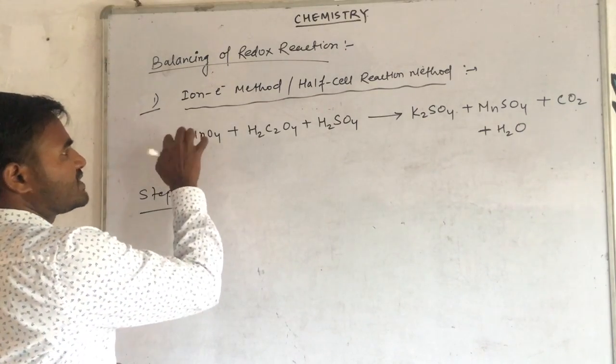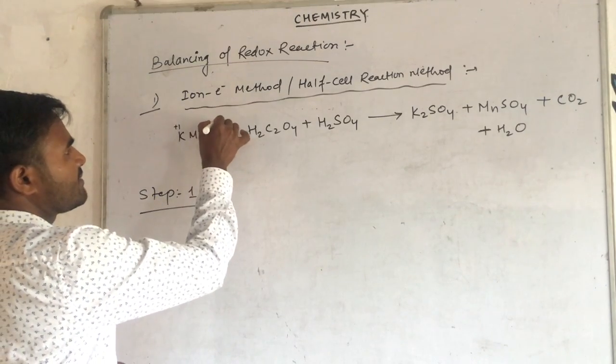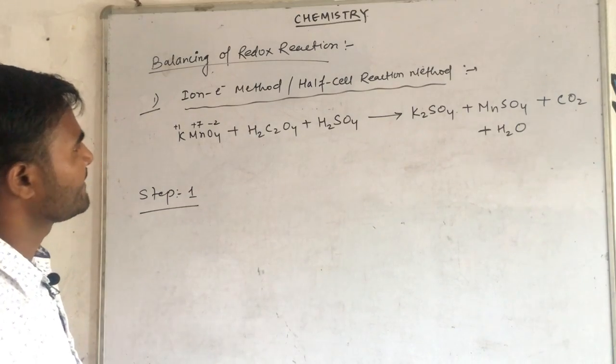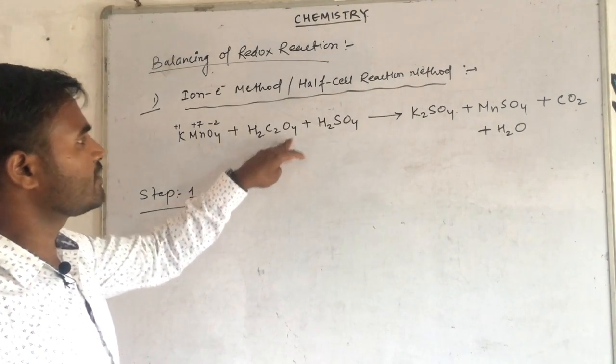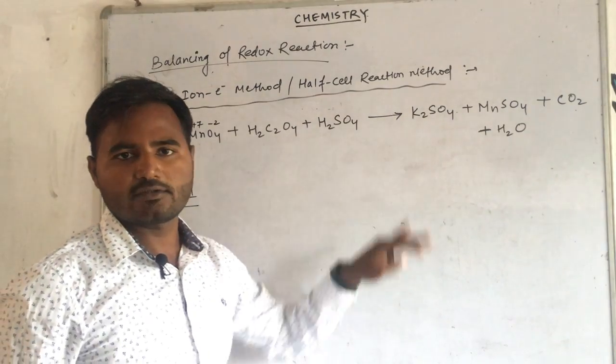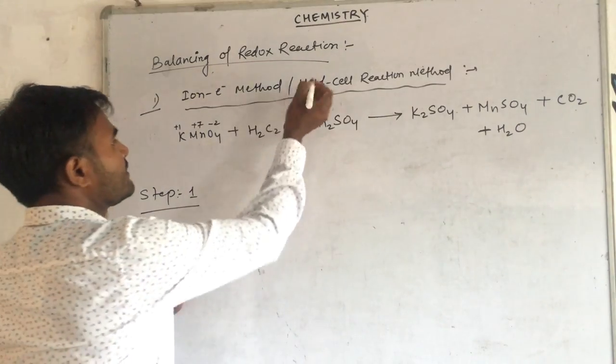Here the oxidation number of potassium is +1, oxygen is -2, and manganese is +7. I know the oxidation number of oxygen will be -2 in all molecules, so I am not writing it again.